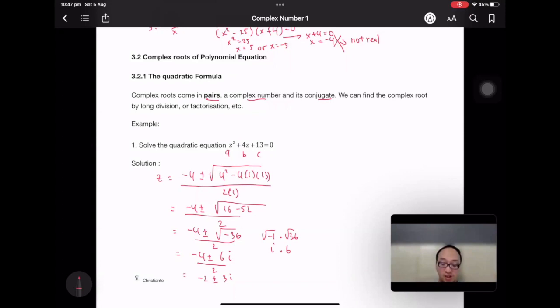So the solutions are z equals negative 2 plus 3i, or z equals negative 2 minus 3i. We can see that the complex roots are always in pairs with their complex conjugate.